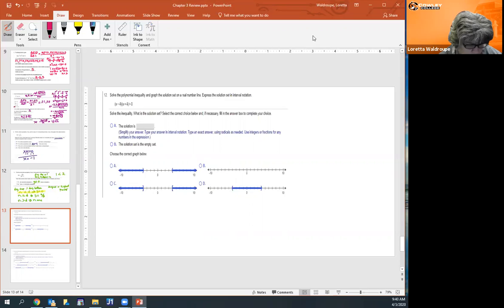Solve the inequality. When you're solving an inequality, remember the first thing you want to do is set it equal to 0, which they did. Factor, which they already did. Set each factor equal to 0.